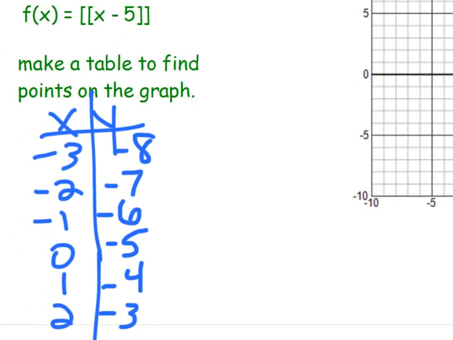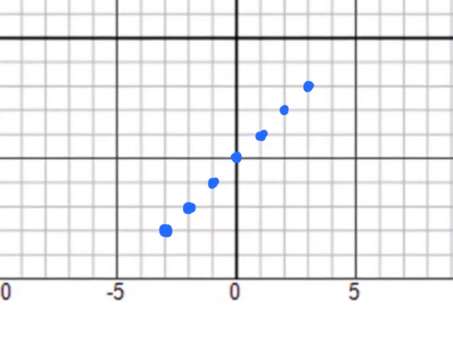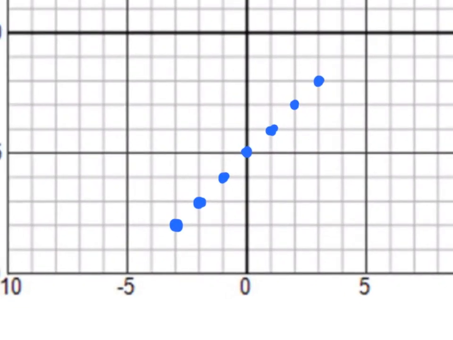If I plug in a number between negative 2 and negative 3, like negative 2.5, negative 2.5 minus 5 is negative 7.5, and so that's going to go down to negative 8. So numbers between negative 3 and negative 2 have an output of negative 8.